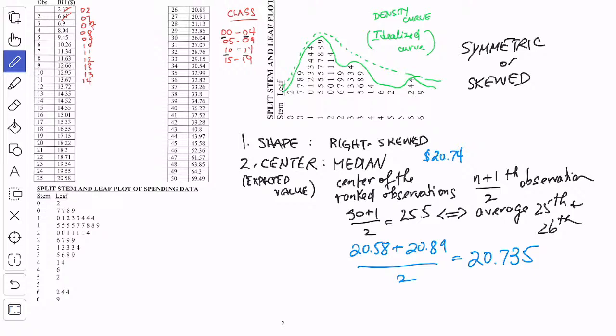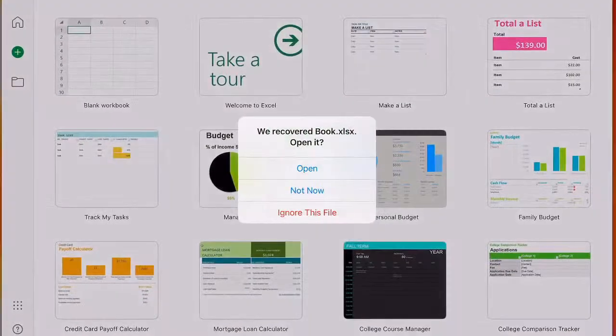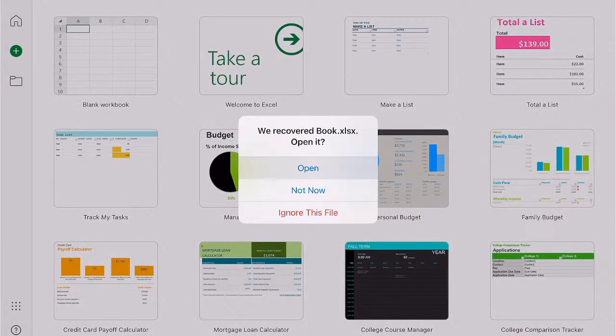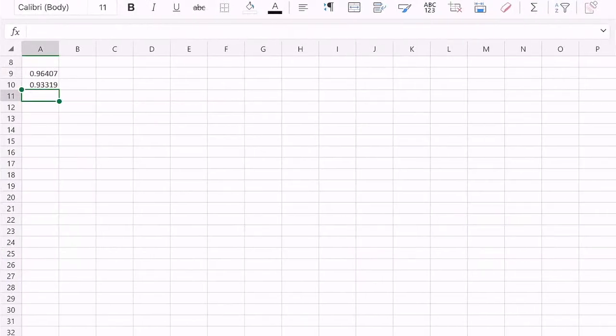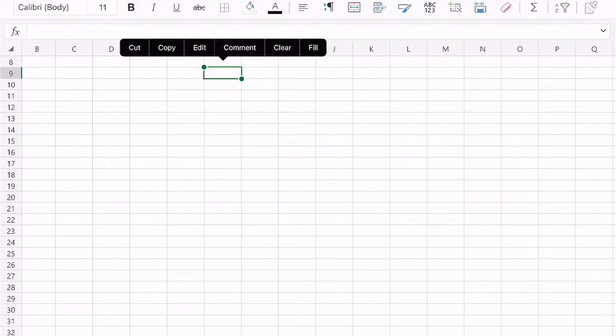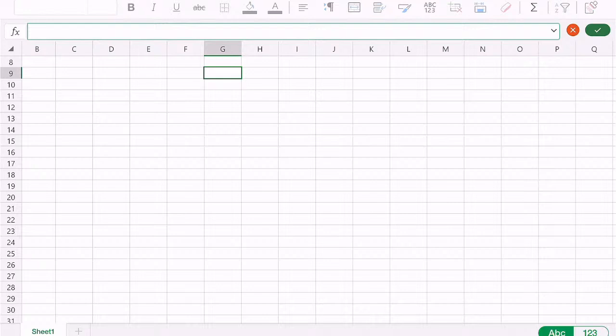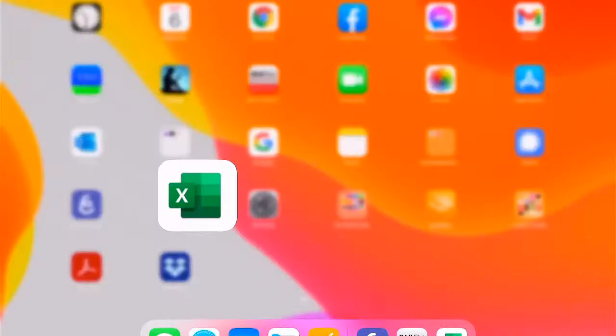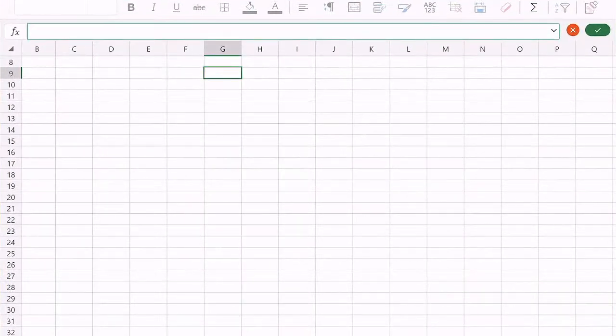Now, you could also do this in Excel. There's a median function. To activate the functions, you use the equal sign. I'll just show you, but I won't type all these values in. So if I went to Excel, I'm going to put some values in.